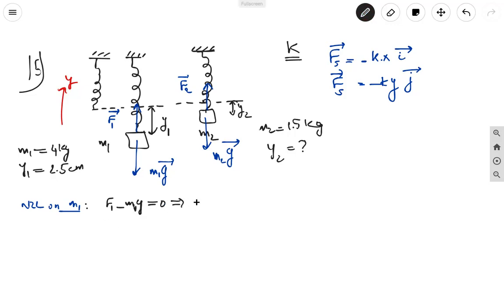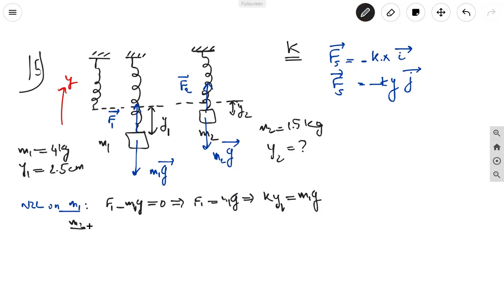That means F1 is equal to m1 g. And since F1 is equal to k times y, we end up with k times y1 is equal to m1 times g.